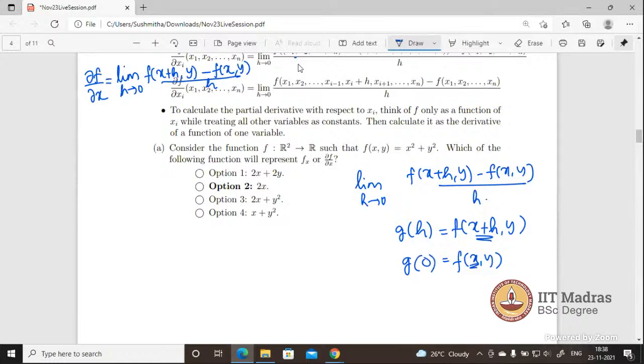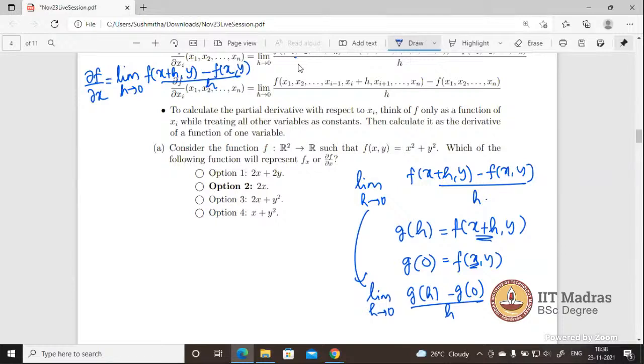All right. So now this limit becomes the limit as h tends to 0 of g of h minus g of 0, divided by h, right? I'm just substituting. This is g of h and this is g of 0, right?